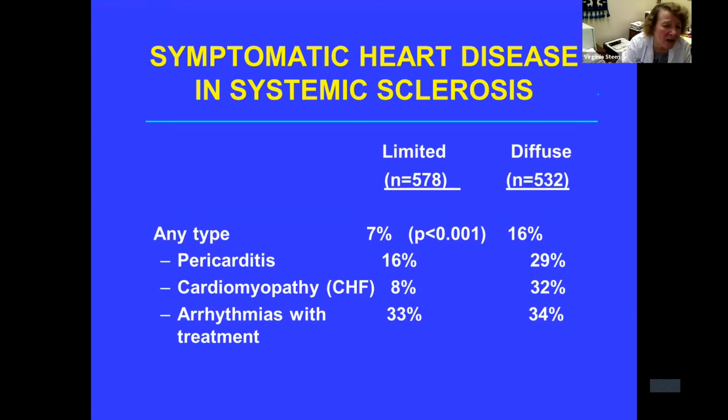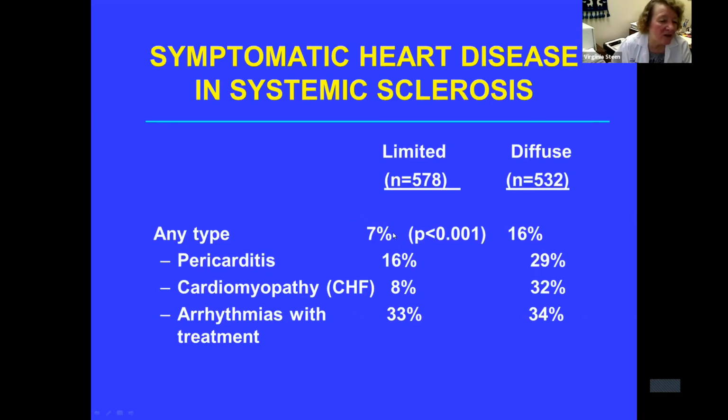So heart involvement is very common on any type of test that you do, whether it's an echo or an EKG or a thallium or an MRI, but clinically, fortunately, it's not nearly as common or as much of a problem.